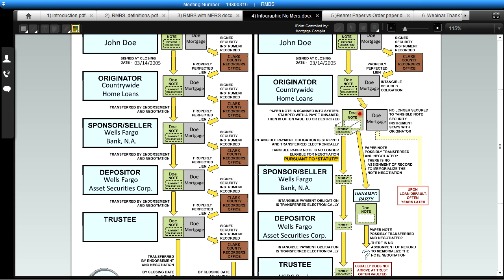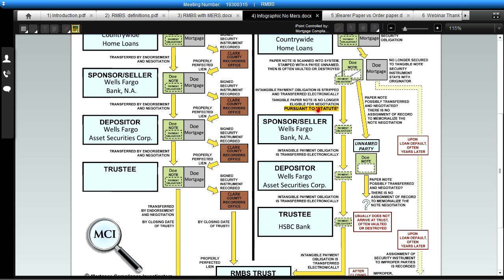When it is scanned in the system, depending on the entity, some of them destroyed them immediately, some of them put them into vaults and lost them. It just depends on the entity and what they were doing with it. However, let's continue. Upon scanning into the system, stamping with a payee yet unnamed, the intangible payment obligation, which is the promise to pay, is stripped and transferred electronically.